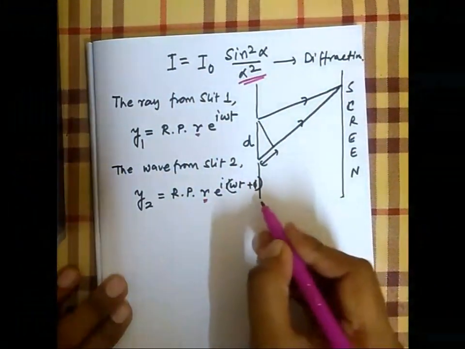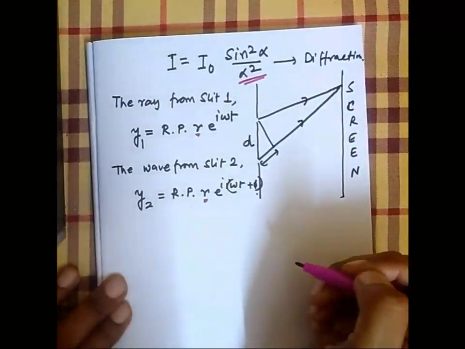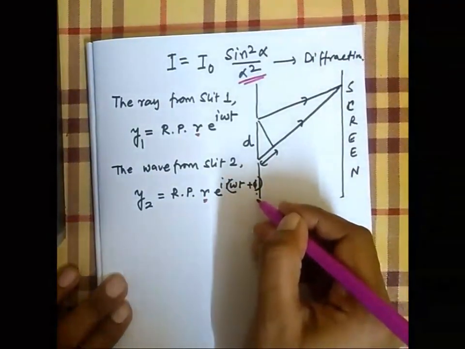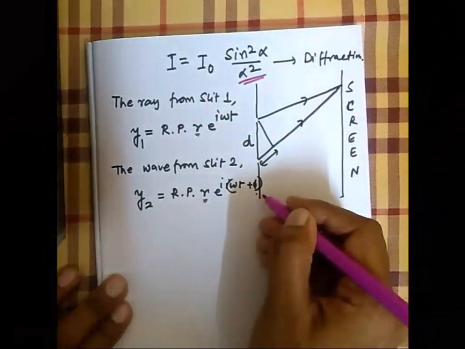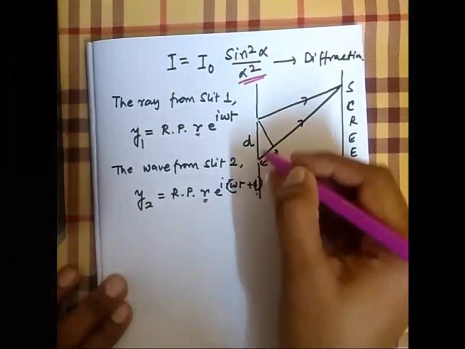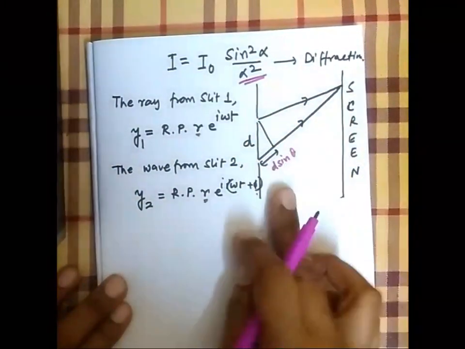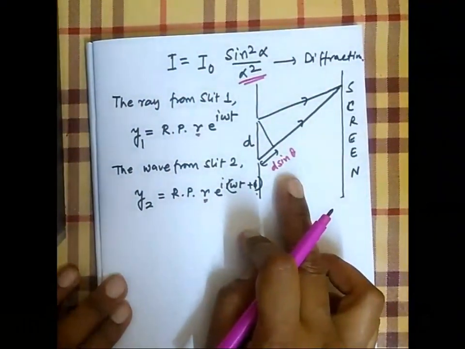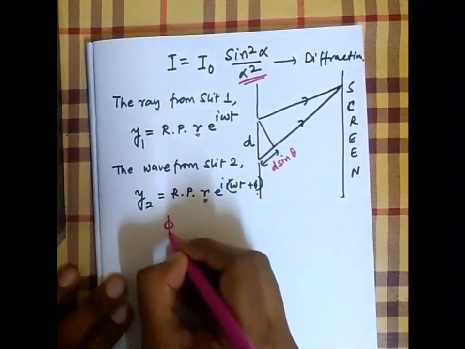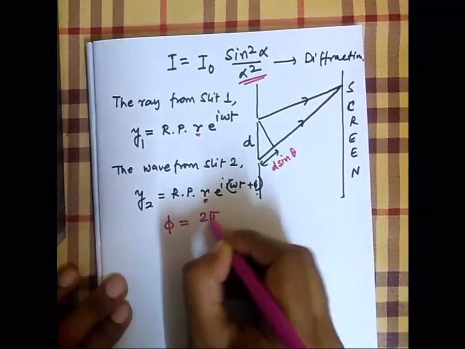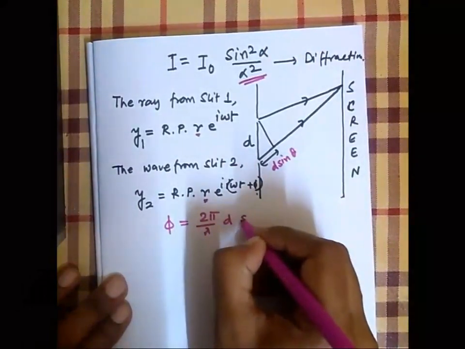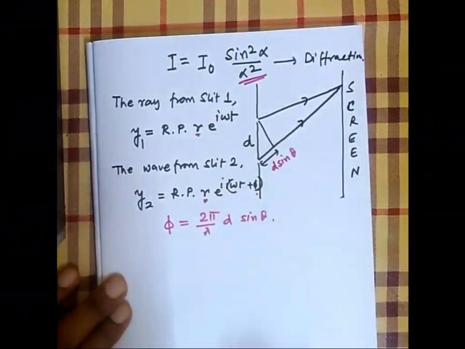Okay, so now let us look at this phi, and we know how to write down this phi. This is the phase difference that comes into the picture because of the path difference, and the path difference we know is d sine theta. We already know this calculation, right? So phi can be written as 2 pi by lambda d sine theta.